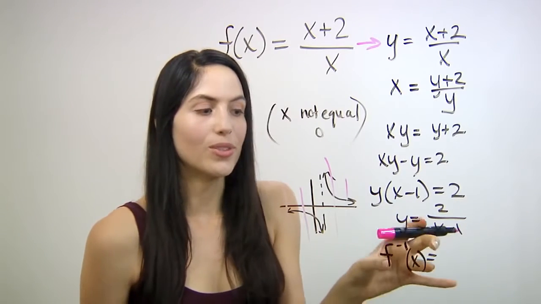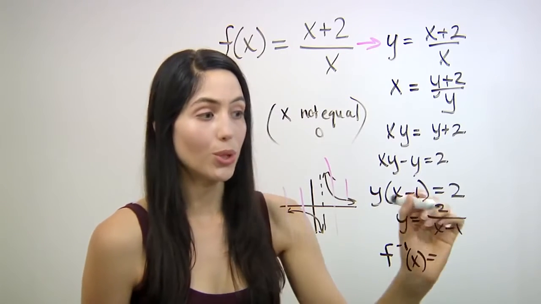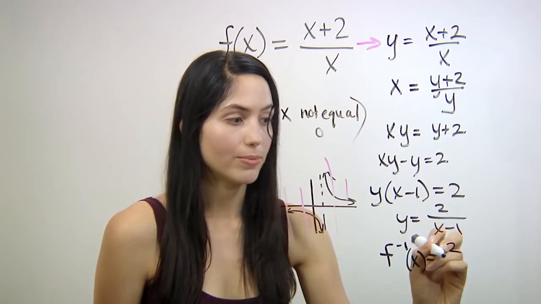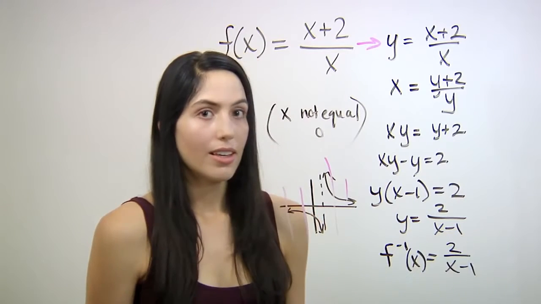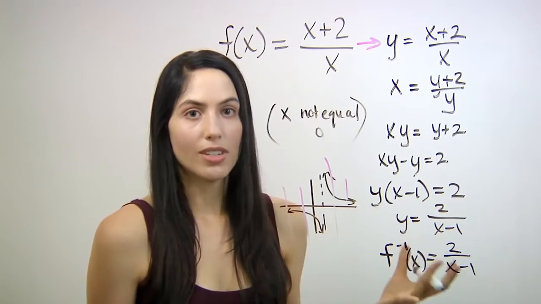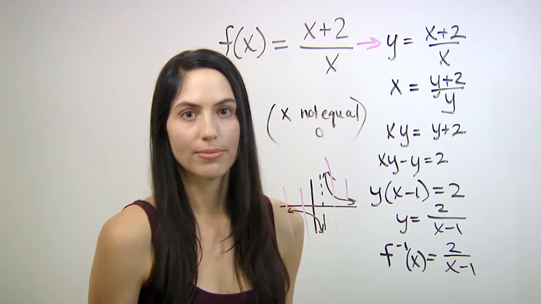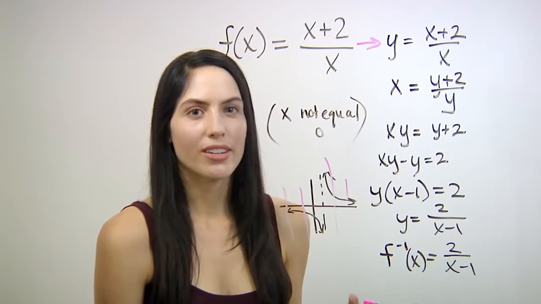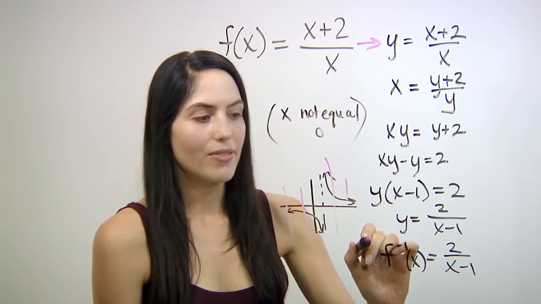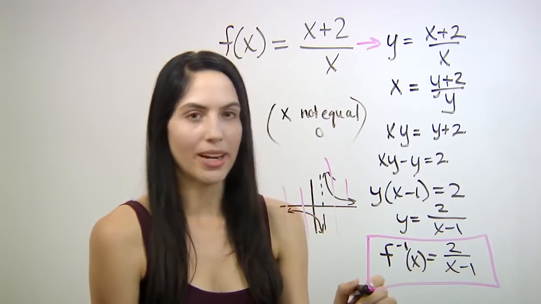So we can use this notation, f inverse of x equals 2 over x minus 1. If you found that it's not a function, you would just answer inverse function does not exist. So your answer for the inverse function is f inverse of x equals 2 over x minus 1.